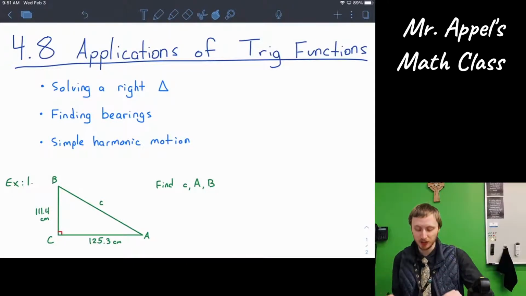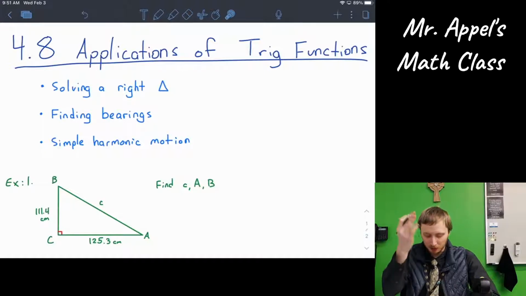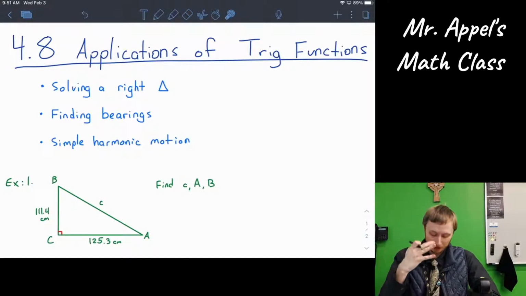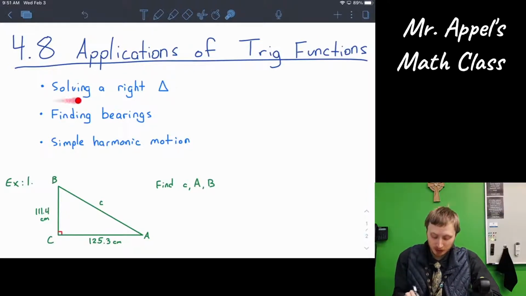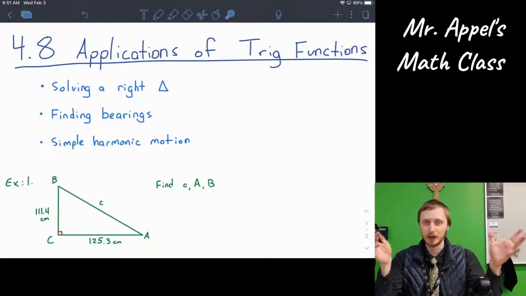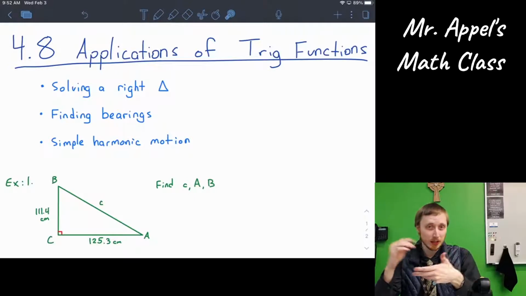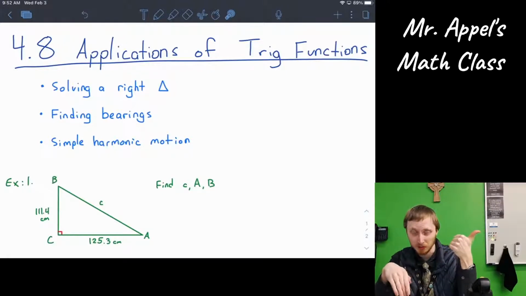Some applications of trig functions. Through that whole section, they presented mainly 3 major types of applications here. The most common is just solving a right triangle. A lot of situations just break down into forming a right triangle and then using all of your known information. Since it's a right triangle, you automatically get the one angle, it's a right angle.